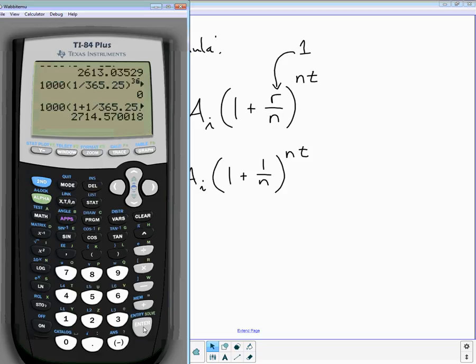Well, you're still getting 100% return. But what's happening is, let's go back to the month example. It's a little easier than the day example. I'm taking your rate of 100% and I'm dividing it by 12. So you're not really getting the full 100% each time. You're only getting that fraction of the interest.